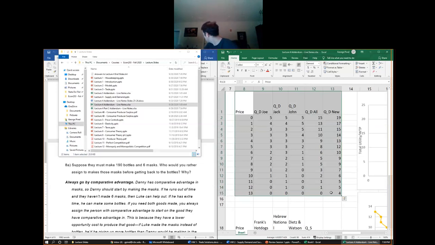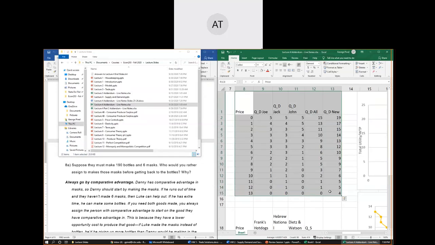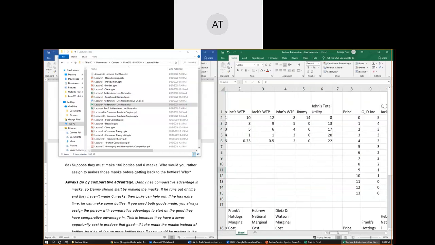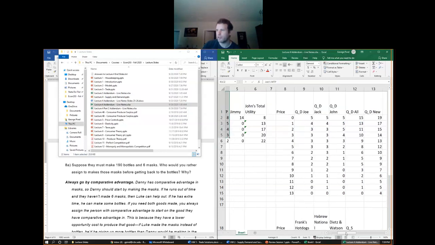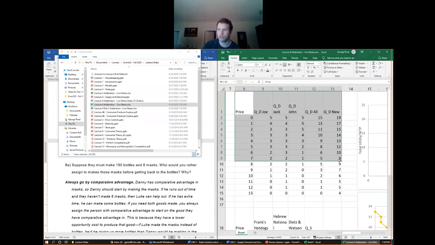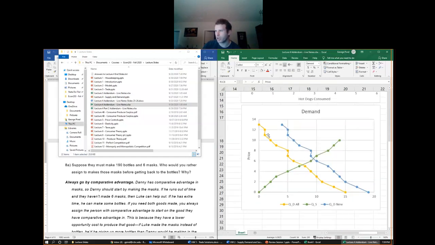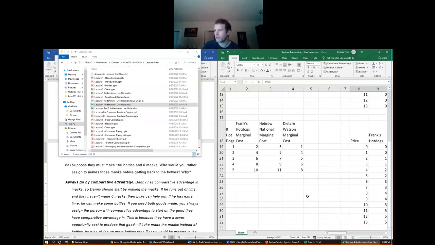This was like Donna, Whitney, and Tina. I built this, which should look a lot like the Donna, Whitney, and Tina example. And then from there, I built the demand curve, which I think is the yellow one here. I did it twice.